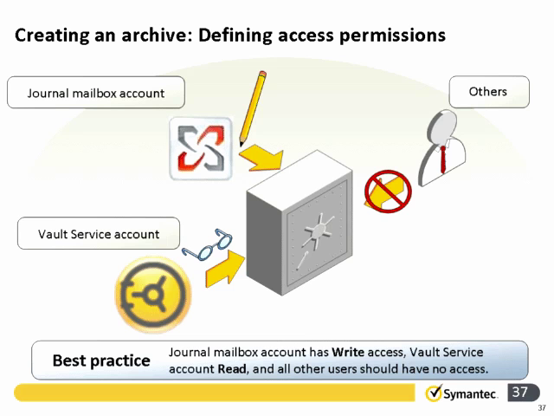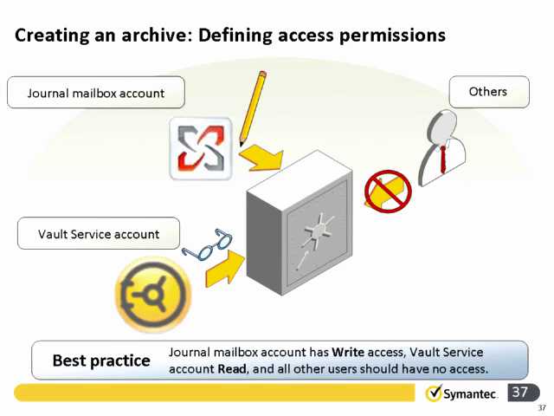The next thing that you need to do as part of creating the journal archive is determine who's going to have access to the journal archive. And you set this up through the permissions on the journal archive object. Typically the Vault Store Service account really only needs to have read permission on the journal archive.